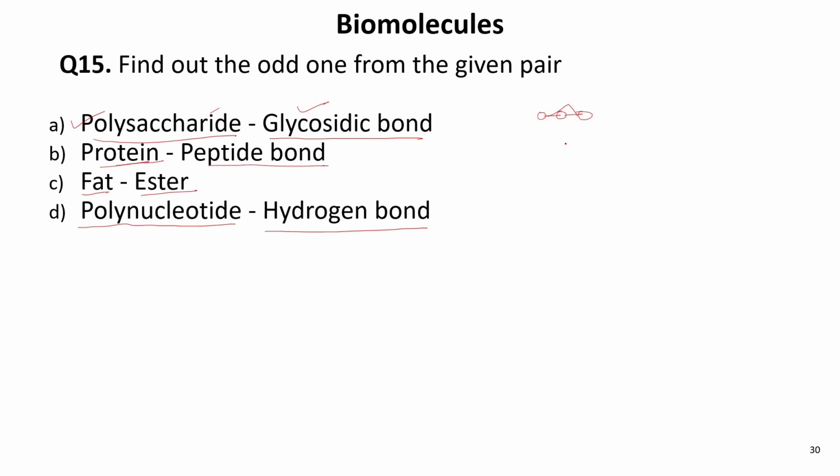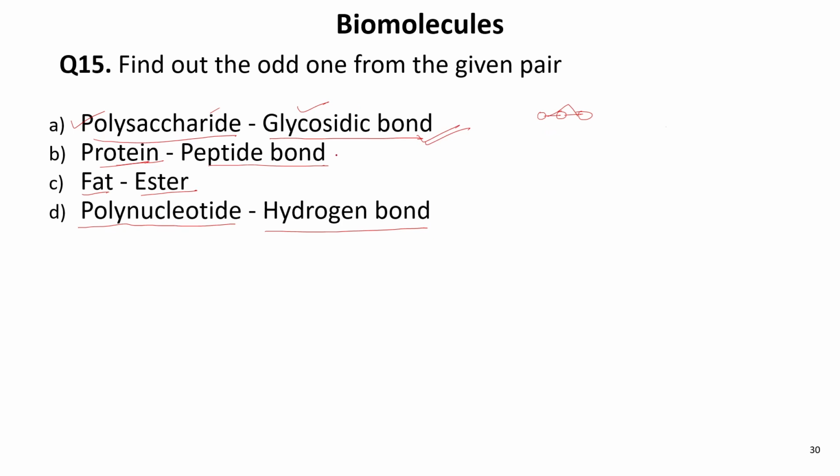So there are different types of bonds, and the name is given according to which carbon is involved in the formation of the bond. But they are all glycosidic bonds. So this is the correct option.